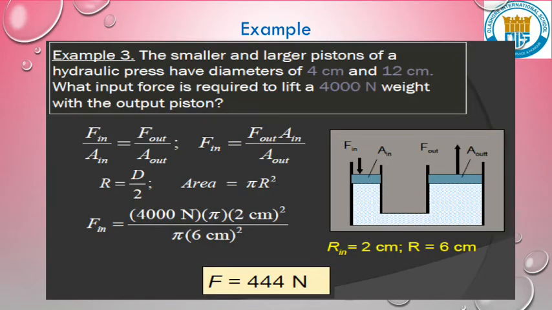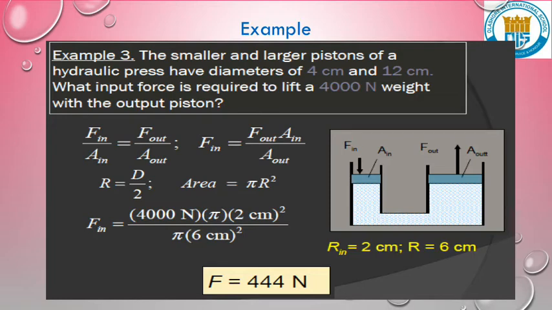Here we have a very simple diagram and an exercise to explain how this works in theory. We have the input pressure equal to the output pressure. Input pressure is input force divided by input area. Output pressure is output force divided by output area, and both of them are equal to each other.